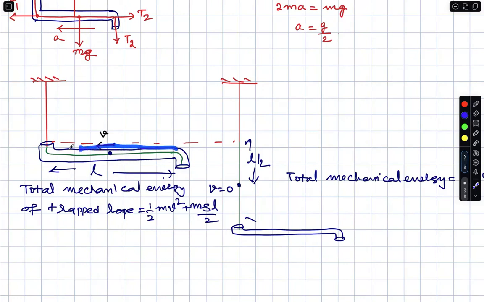Maybe this portion at that instant may have some velocity v. The entire portion of the rope will have some velocity v leftwards to conserve the length of the rope.